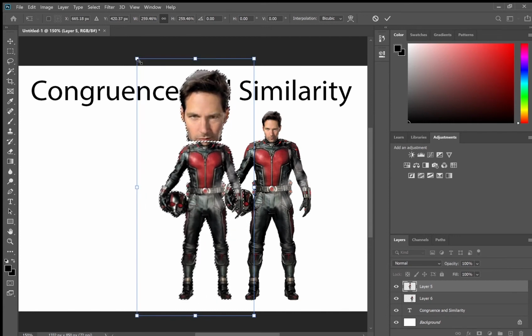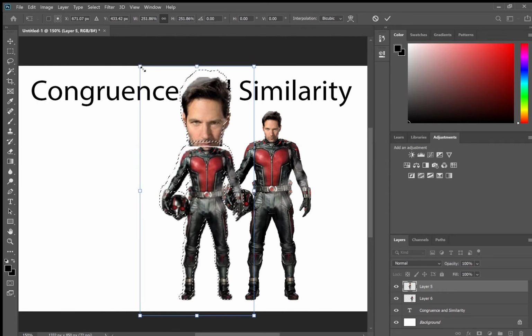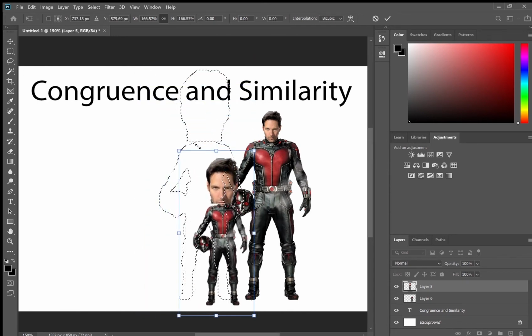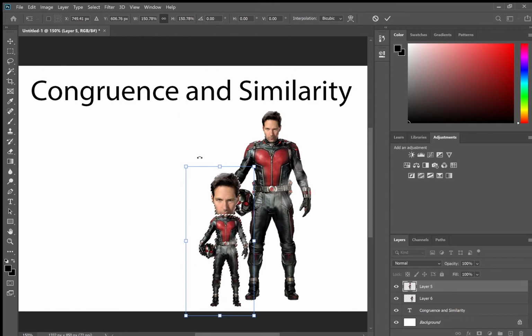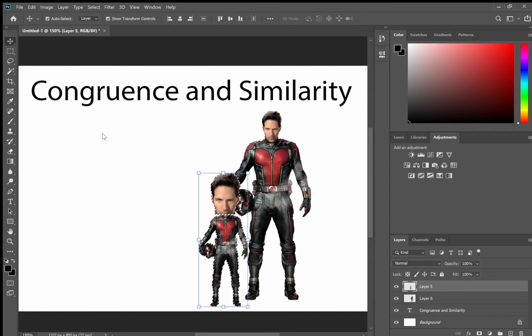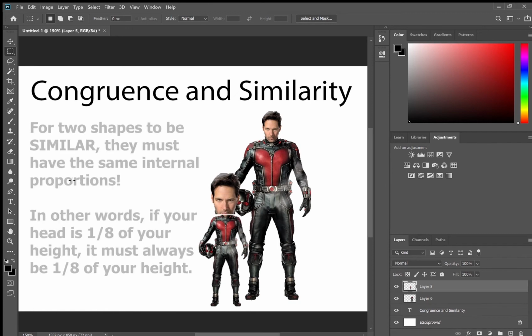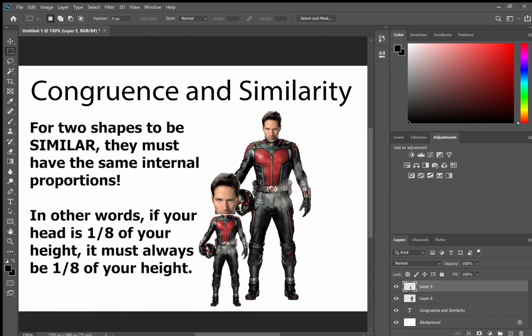If I make the head the same size, then the body is really, really disproportionately small. So these two Ant-Men are not similar. So for similarity, you need to maintain proportionality. You need to make sure that all of your bits and pieces of your shape all grow and shrink at the same ratio. And again, ratio means multiplication.